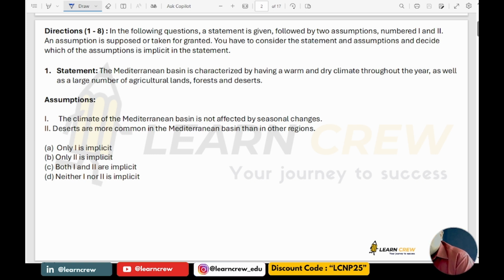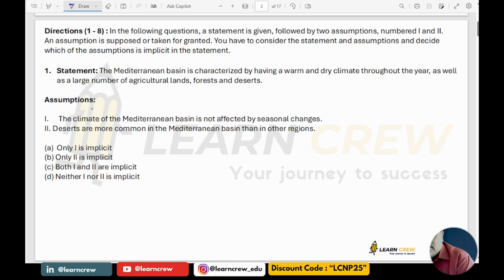Deserts are more common in the Mediterranean basin than in the other regions. Please see here, the Mediterranean basin is characterized by having a warm and dry climate throughout the year, as well as a large number of agricultural lands, forests and deserts.